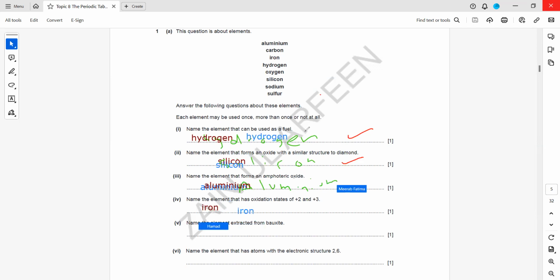These are amphoteric oxides. Name the element that has oxidation numbers +2 and +3, meaning the transition element. We have iron here. Name the element extracted from bauxite. We don't extract carbon from bauxite, we extract aluminium, because the ore of aluminium is bauxite.